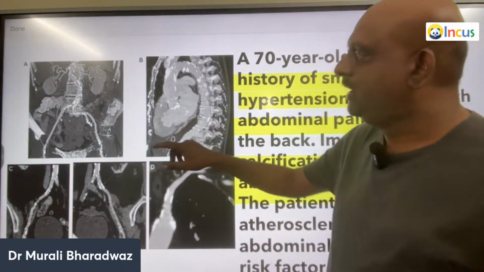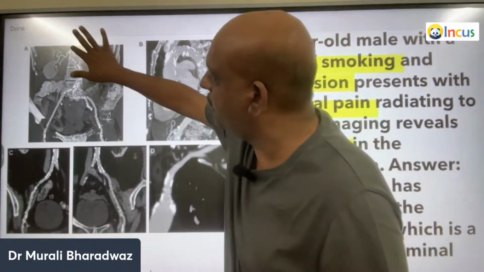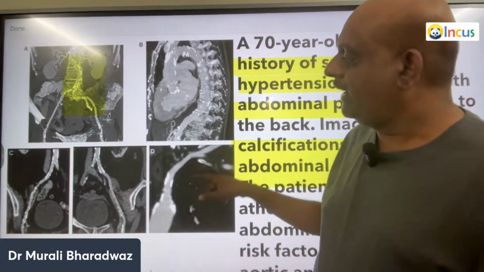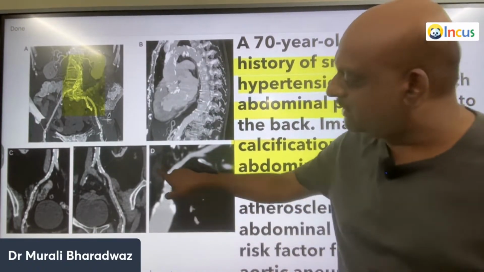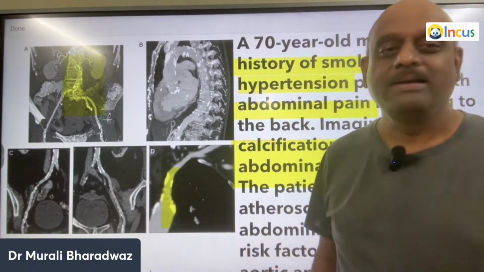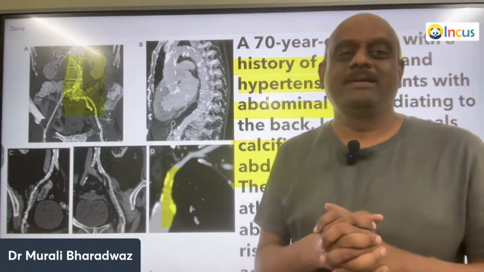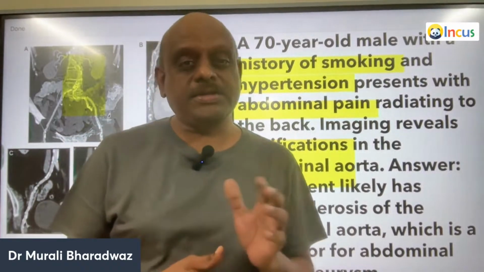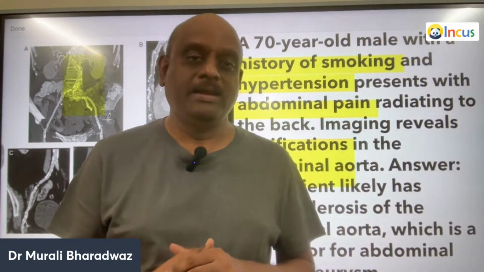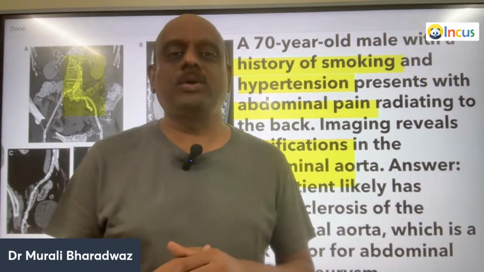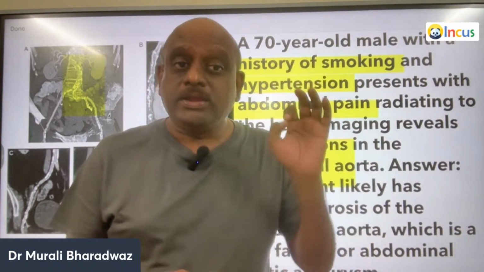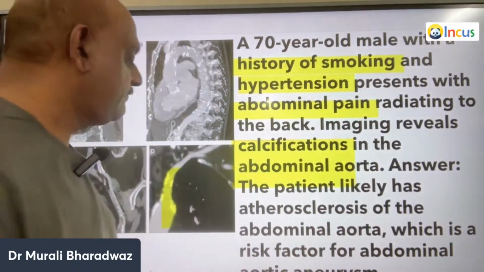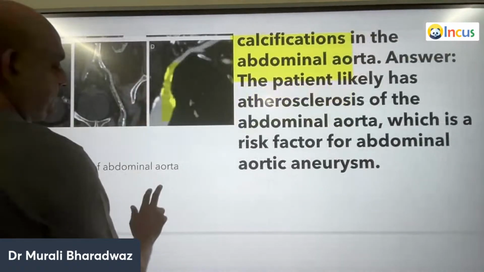So if you look at the image, you can see there is calcification so clearly. And there is an aneurysmal dilatation of the abdominal aorta. So the MRI, the CT, the ultrasound, any of them can reveal the presence of the abdominal aortic aneurysm, where smoking, atherosclerosis, and hypertension are all predisposing risk factors, is what you should remember.